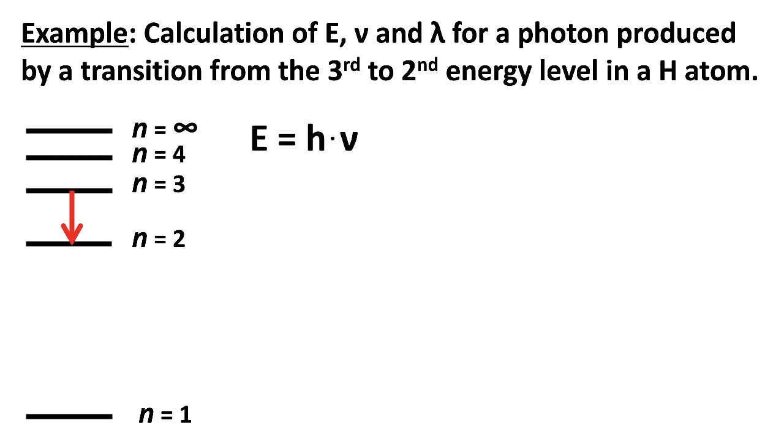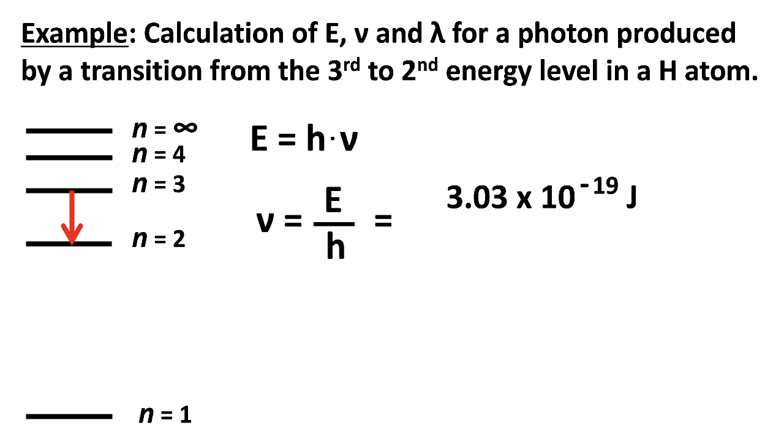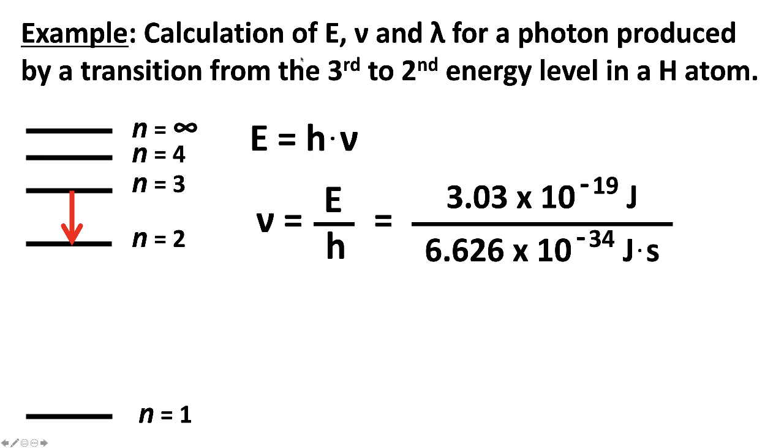How do we figure out the other things? Well, we know that the energy of a photon is related to the frequency of a photon by E equals h nu, where h is Planck's constant. So solving for nu, we get nu equals E over h. We just figured out that the energy of the photon is 3.03 times 10 to the minus 19th joules. Planck's constant is 6.626 times 10 to the minus 34th joule seconds.